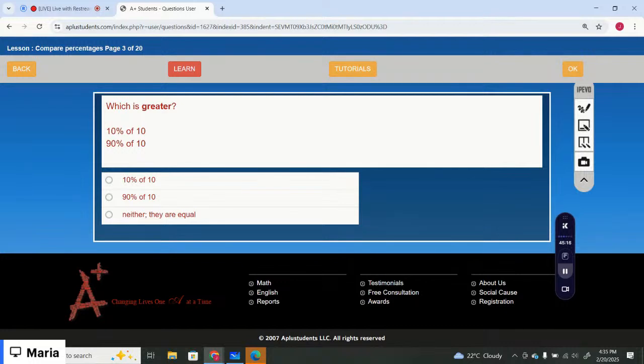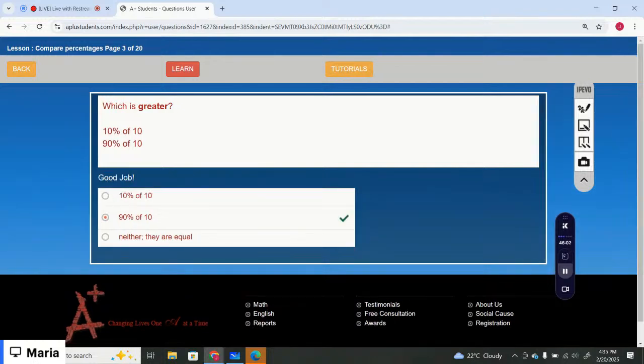Which is greater, 10% of 10 or 90% of 10? That is 90% of 10. Option number 2 is the correct option.